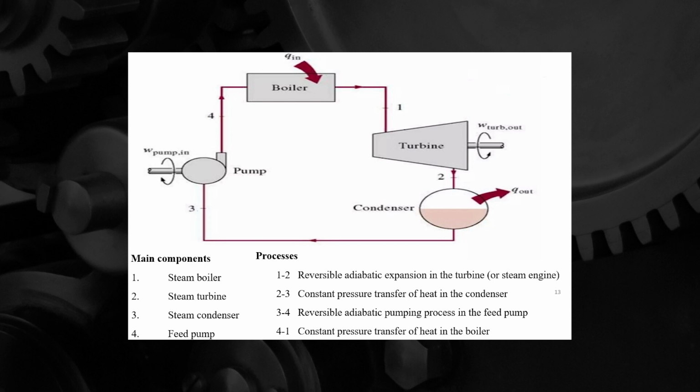The main components of the Rankine cycle are the steam boiler, steam turbine, steam condenser and feed pump, and the processes are shown here. 1 to 2 shows the reversible adiabatic expansion in the turbine, 2 to 3 shows the constant pressure transfer of heat in the condenser, 3 to 4 shows the reversible adiabatic pumping process in the feed pump, and 4 to 1 shows the constant pressure transfer of heat in the boiler.